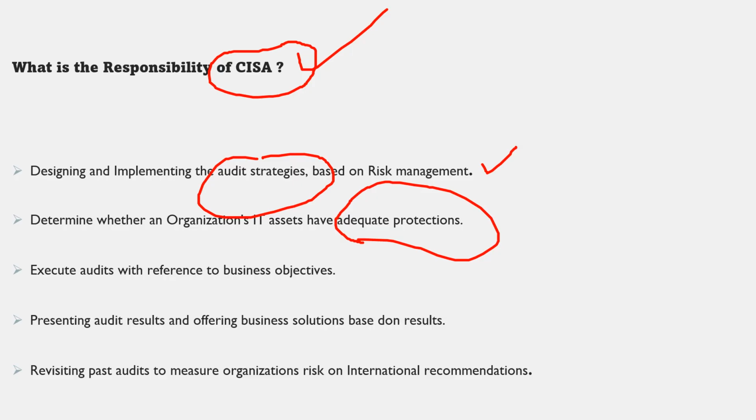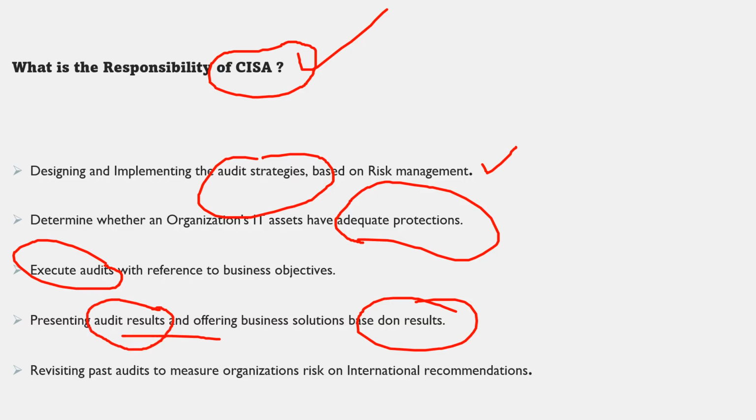It helps us execute audits with reference to business objectives. It presents audit results and offers business solutions based on results. Depending upon the audit results, it helps us improve the business solutions, and revisit past audits to measure the organization's risk on international recommendations.